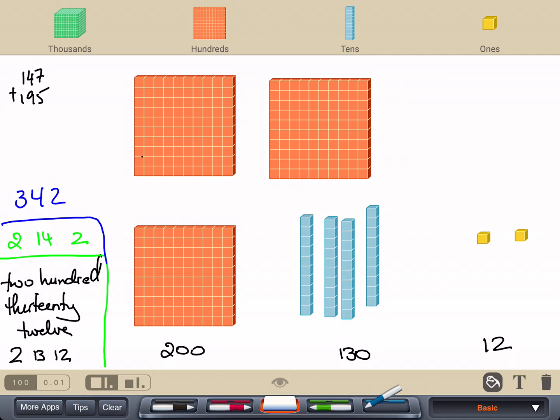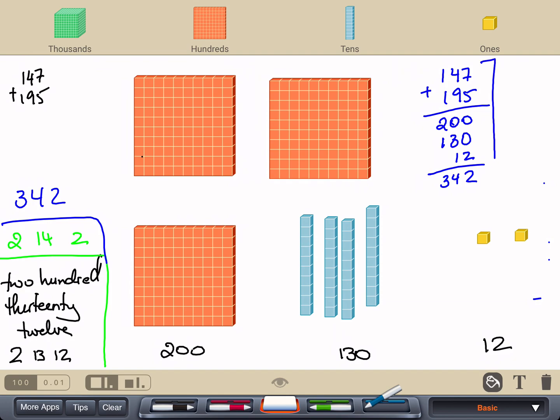So let's see what we did. If we write this out, we have 147 plus 195. We said initially that we had 200, and then we had 13 tens, or 130 if we are a little more correct, and 12. Then we regrouped this and organized it into 342.